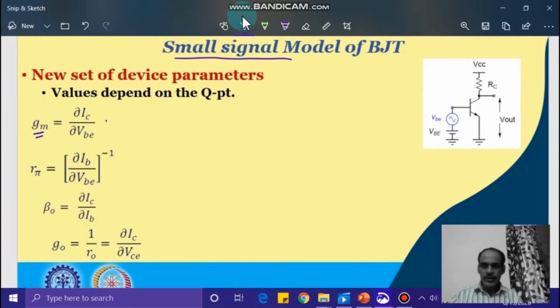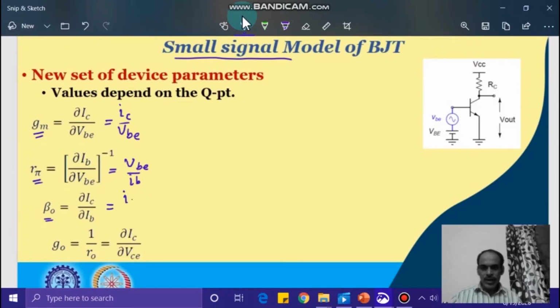As you can see here, we have the transconductance, defined by the small signal collector current divided by the small signal V_BE, and then the base to emitter impedance, which is defined by V_BE divided by I_B, the small signal base terminal current.